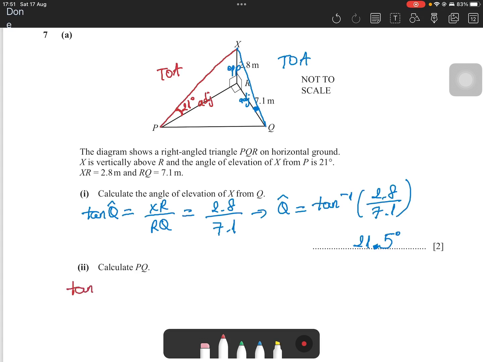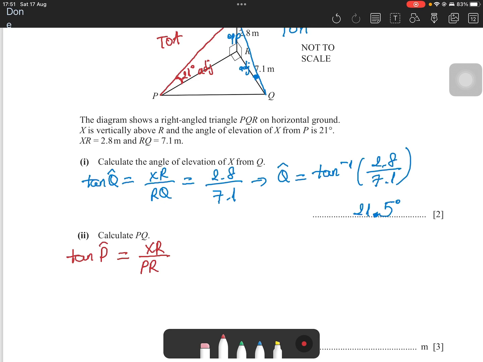Tan of the angle P is equal to opposite XR over adjacent PR. Tan of 21 degrees is equal to XR, which is 2.8, over PR, which is what we want to find. So PR is equal to 2.8 divided by tan 21 degrees.